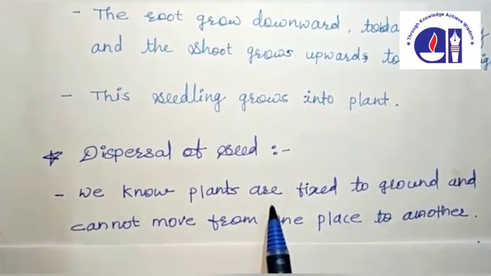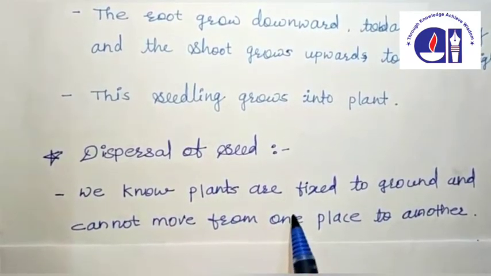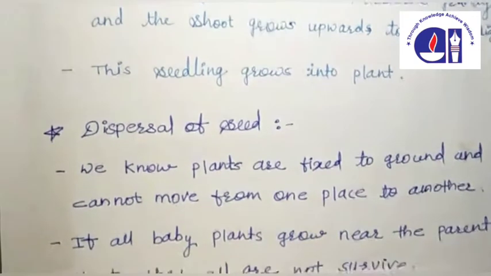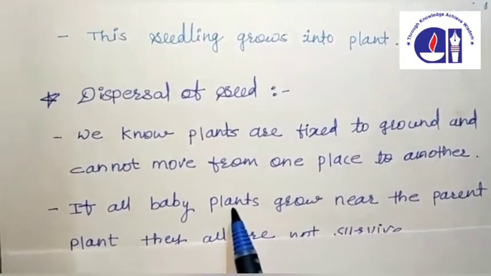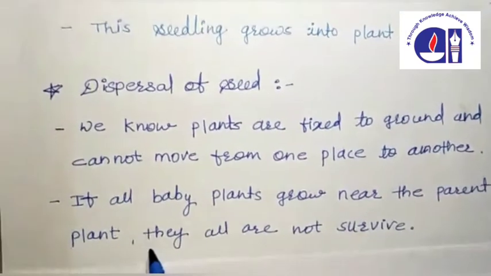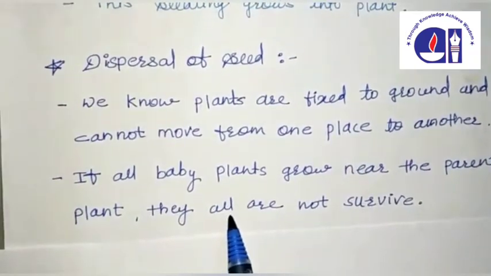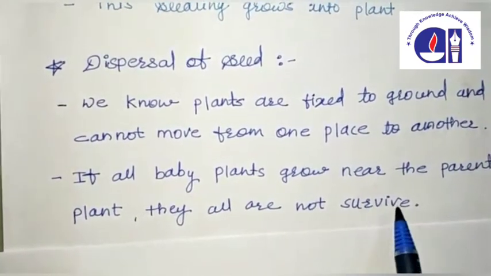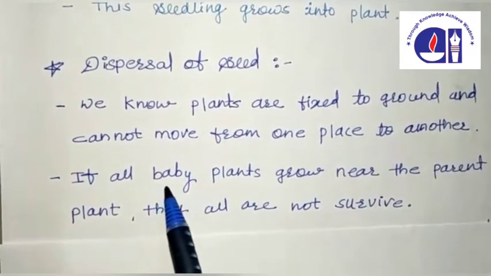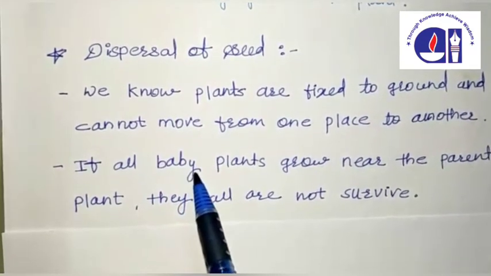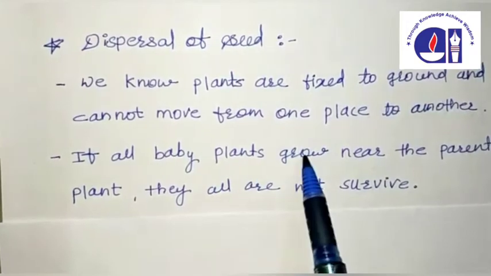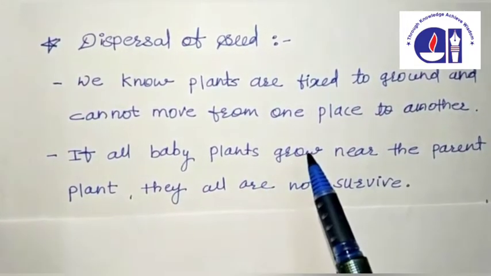But how are plants growing everywhere? See students, if all baby plants grow near the parent plant, they do not all survive. All the seeds would be growing near their parent plant. Can they all survive?